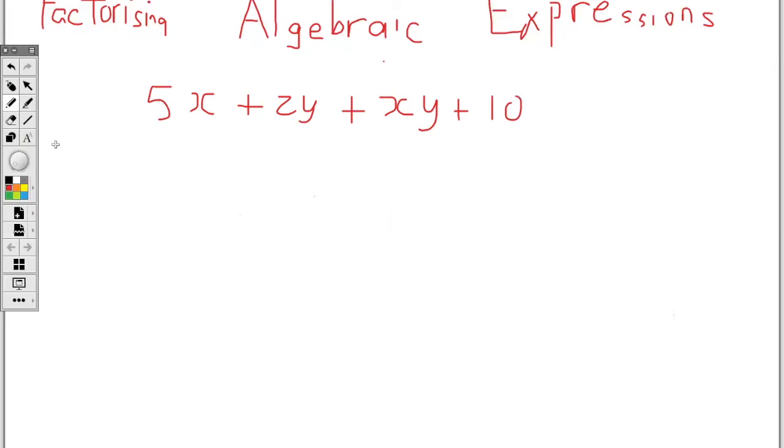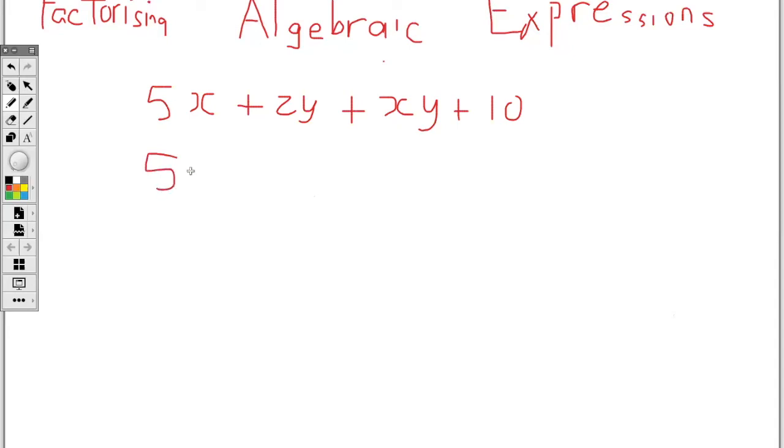Here we have another expression. Now, if you look at this, when I group 5x plus 2y, is there something in common? No. If you look at xy plus 10, is there something in common? No. So sometimes we have to rearrange, because this is 5x and this is 10.